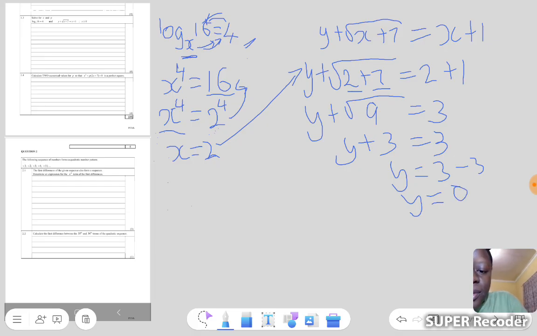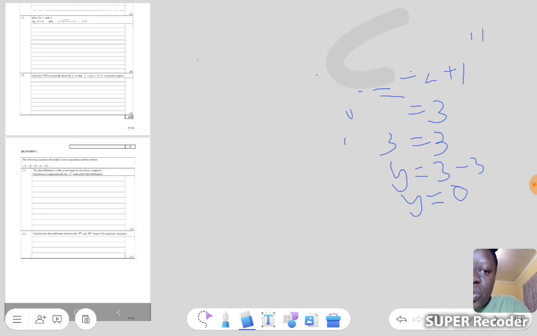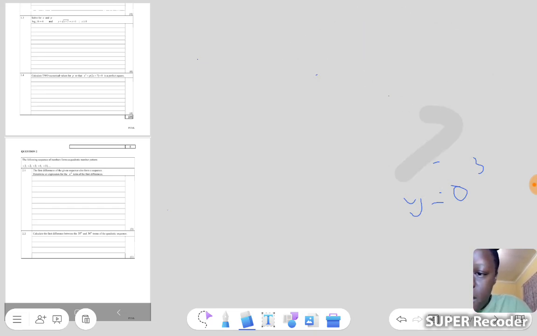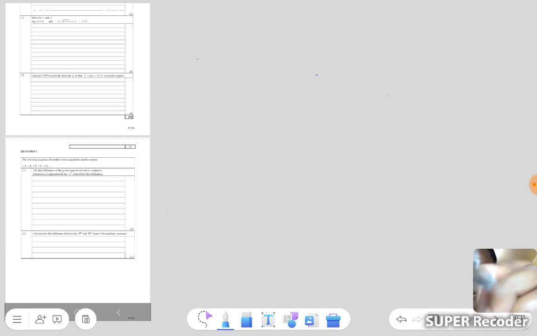So therefore x is equals to 2, y is equals to 0. We are done with that. So let's go to 1.4. 1.4 states that calculate two numerical values of p so that, let's write this equation down.